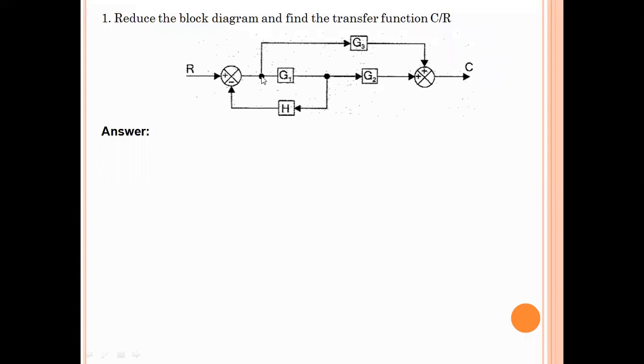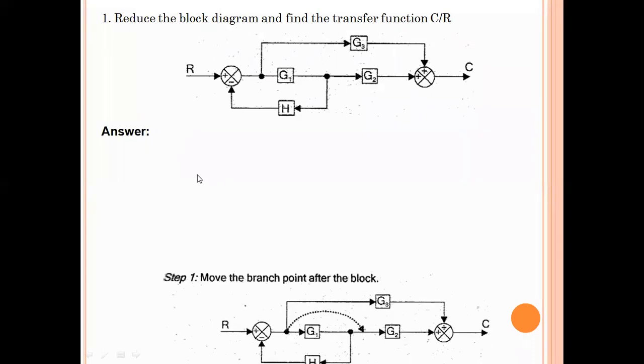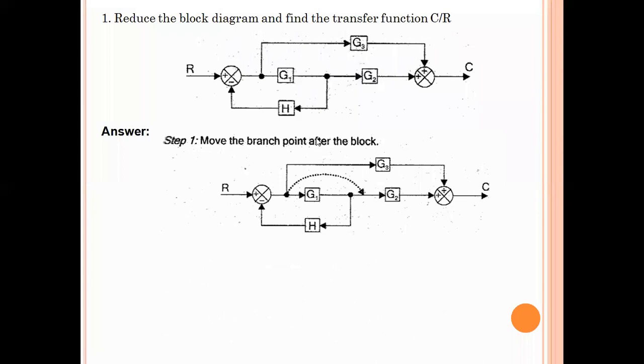So simply step 1 is shifting the branch point ahead of block G1. So that is our step 1. So moving the branch point after the block, or ahead of the block G1. Don't forget to write G1 also here. Block G1. So simply shift this point from here to here.